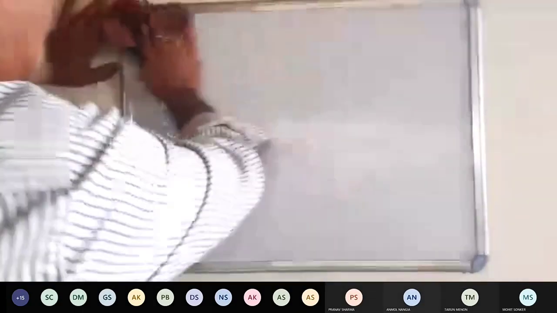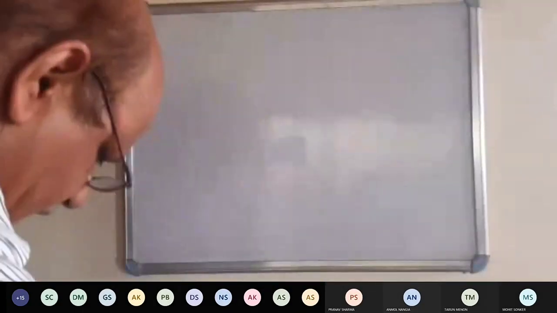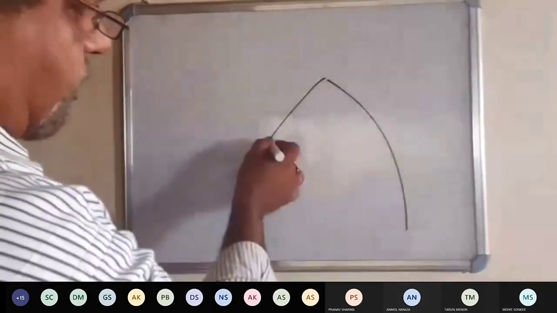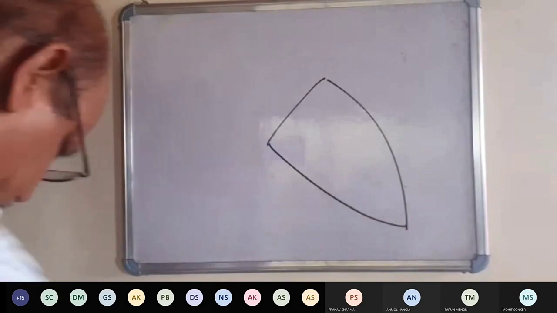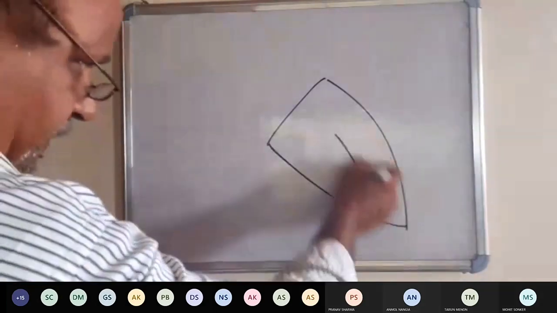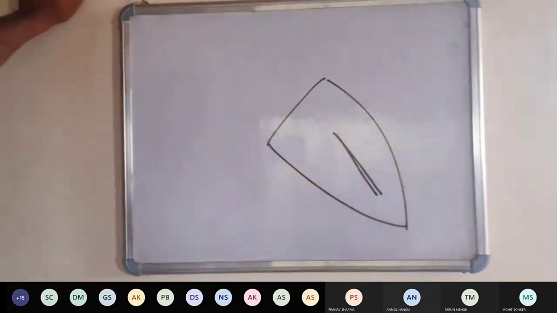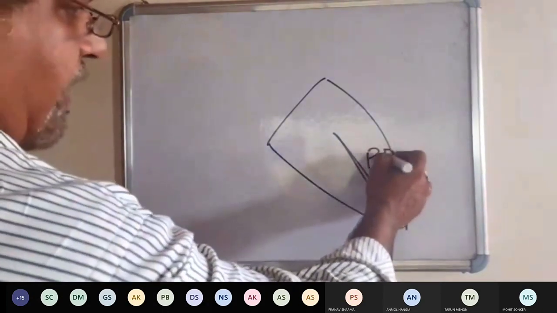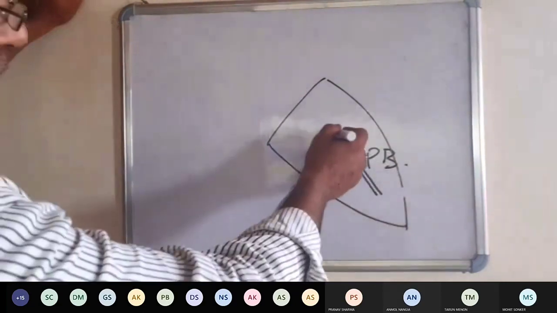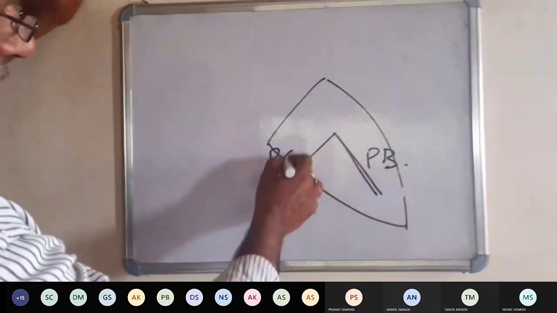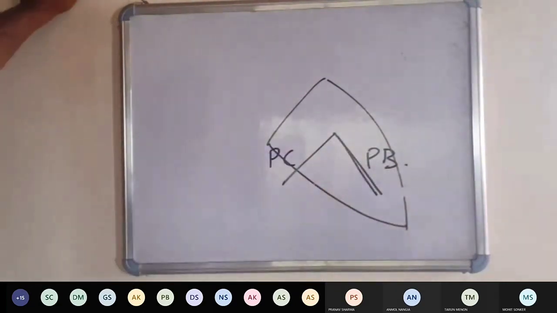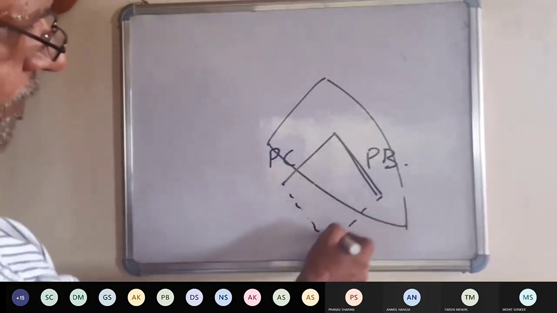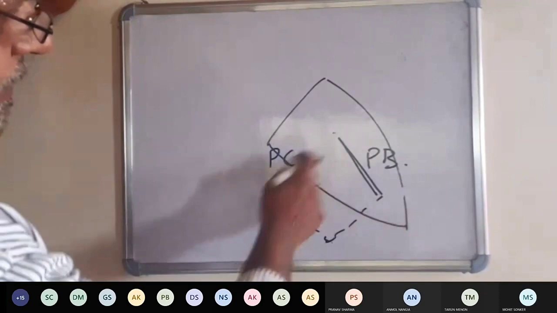So we are talking about the hard iron deviation, and as we have already understood and seen, when the ship is getting built like this, the forward aft iron is developing PB, permanent B, and the athwartship iron is developing PC. The resultant of these two can again be obtained by the parallelogram method.